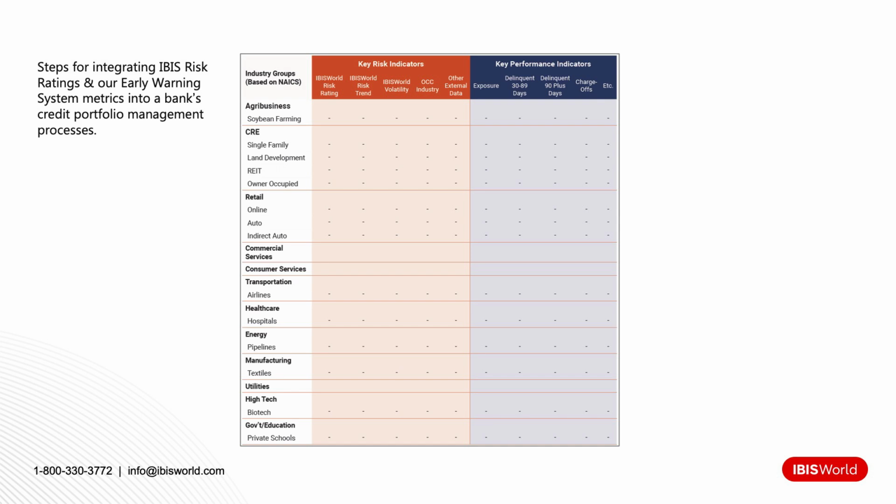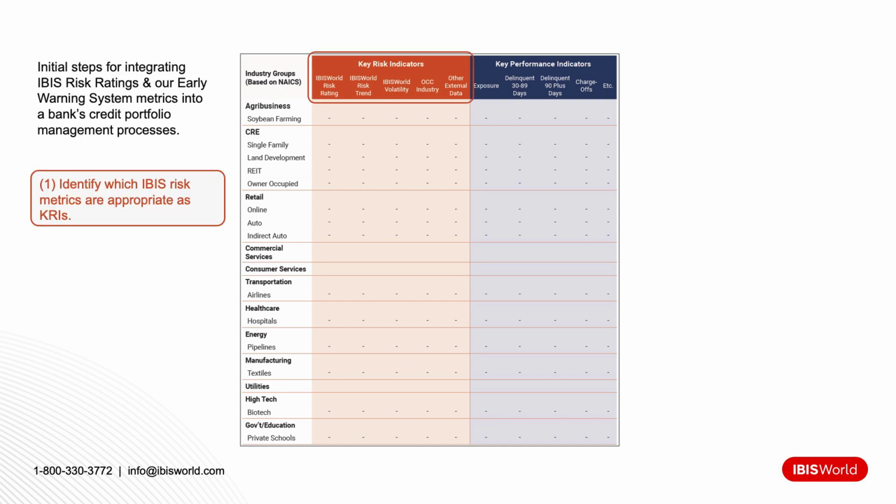The worksheet is populated by IBISWorld and other sourced key risk indicators in orange, plus a collection of the bank's historical key performance indicators in blue. This data obviously varies from bank to bank. The first task is to determine which IBISWorld risk metrics are appropriate.